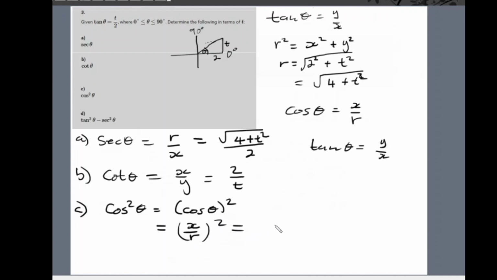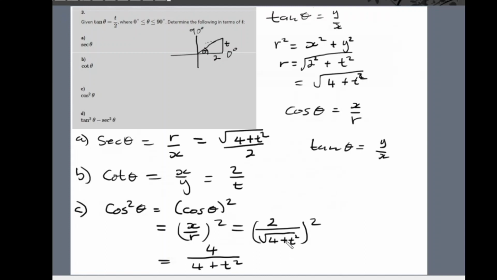Because the value of x is 2 and the value of r is the square root of 4 plus t squared, cos squared theta will be equal to 4 over 4 plus t squared.